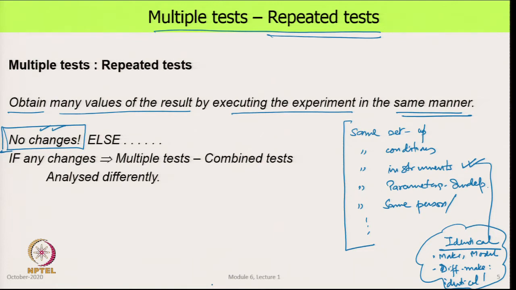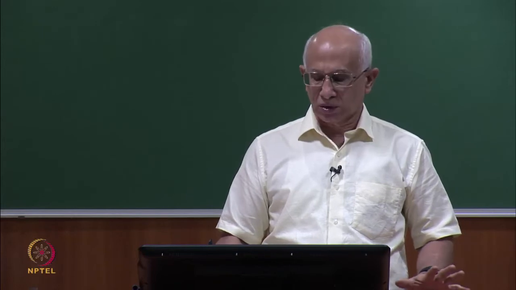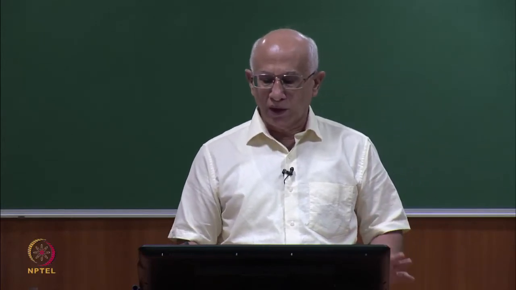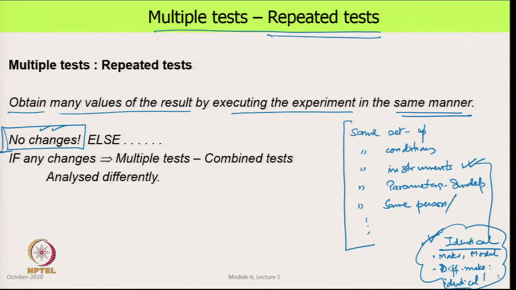The first few experiments which were done with one instrument and the next few experiments which were done with a replacement instrument, they got uncertainties coming from different sources. The experiment no longer qualifies as being repeated tests. It qualifies as multiple tests. We did many tests again and again, but this is called combined tests.